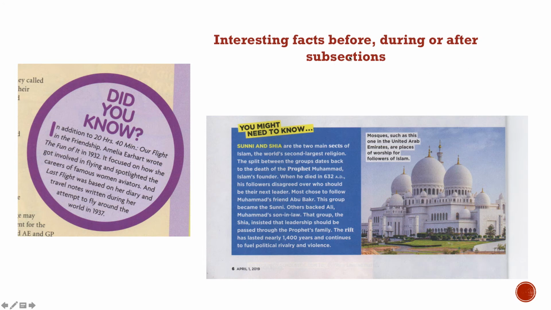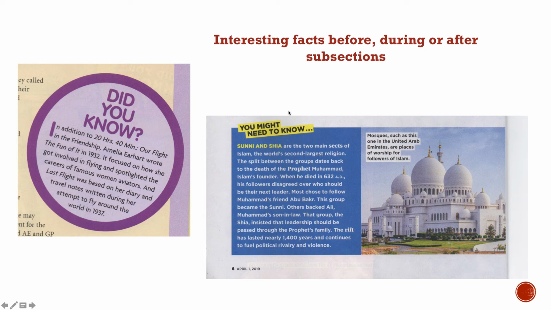Interesting facts before, during, or after subsections. I know you've seen these pop up, like, did you know? Or you might need to know. Right here, this pops up maybe before a subsection, so it gives you information about what's about to happen. For example, this one gives information about the Sunni and Shia Muslims, which it says are the two main sects, or groups, of Islam, the world's second largest religion.